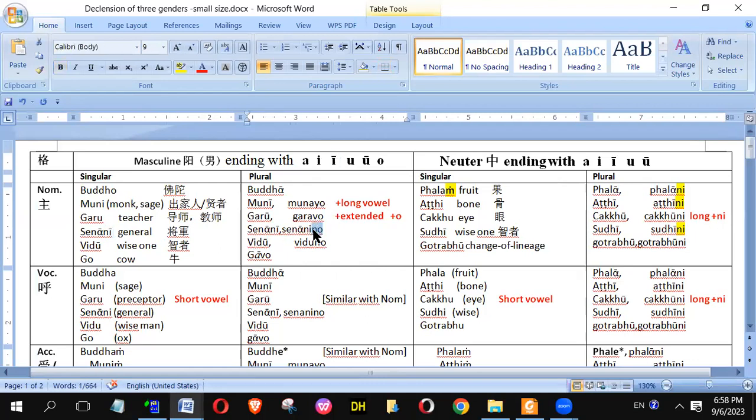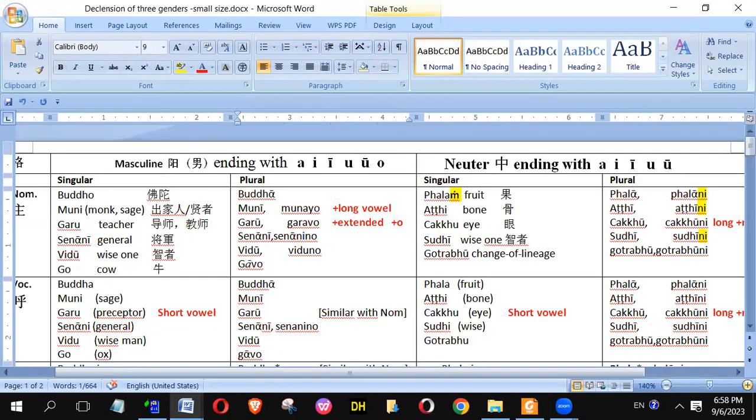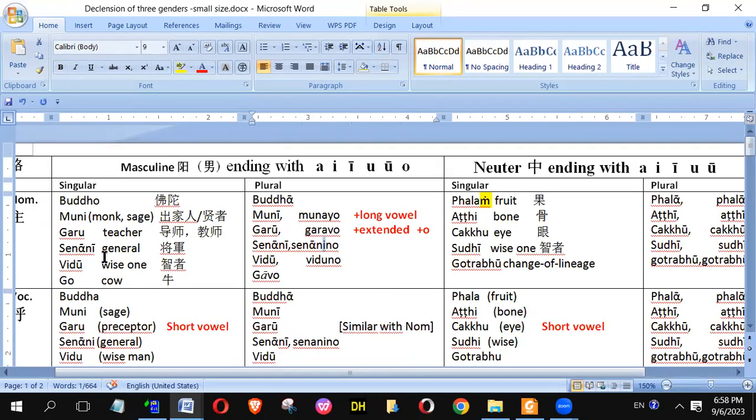Senani, no. All right? So here you cannot put AY here, because it's already I, so you just put the NO. But when you put the NO, you notice that this I becomes a short I, all right? So notice it, Senani here becomes Senani with a short I. We just put the no here.